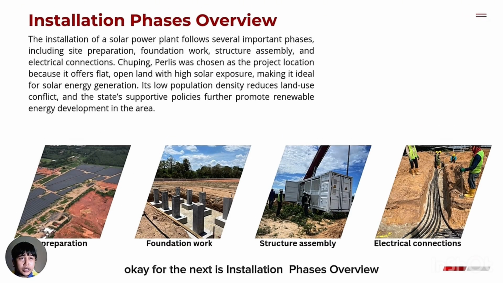Okay, for the next is installation process overview. The installation of a solar power plant follows several important phases, including site preparation, foundation work, structure assembly, and electrical connection.